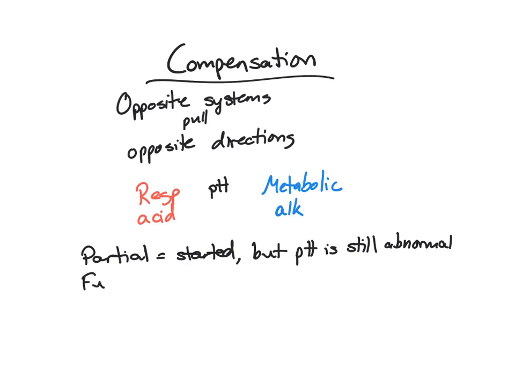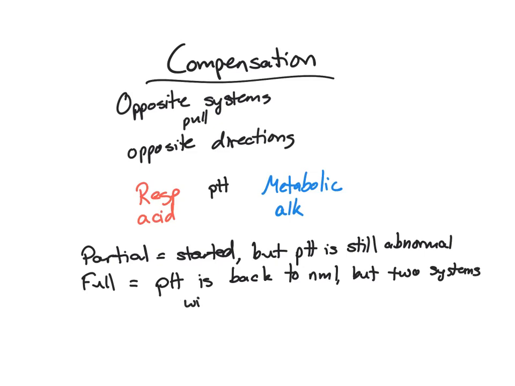Full compensation or complete compensation is where the compensation has actually reached a point where the pH is back to normal, but remember that your two systems will still be abnormal.